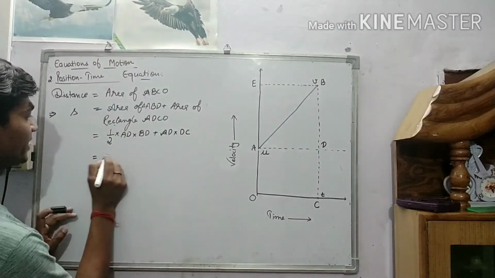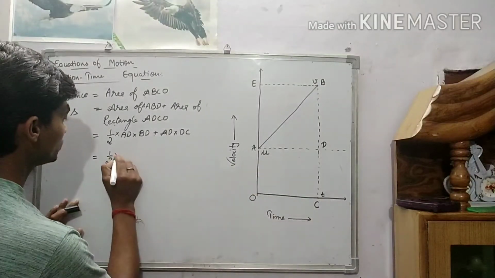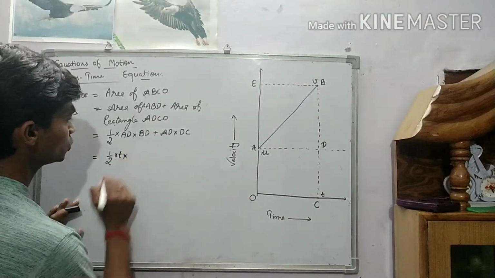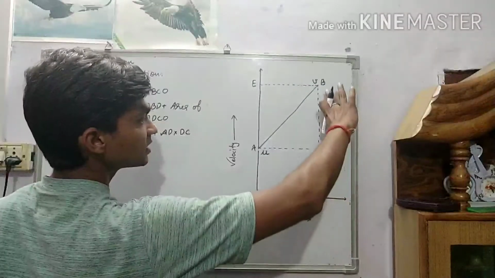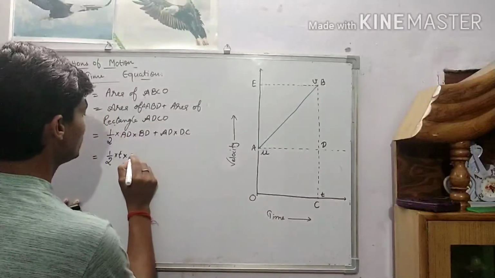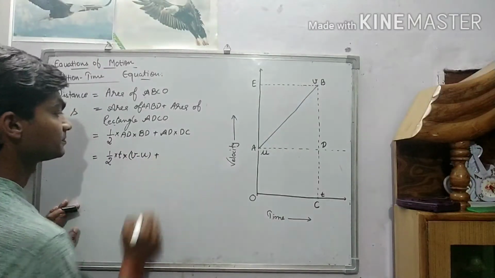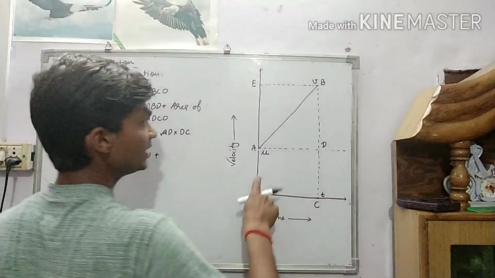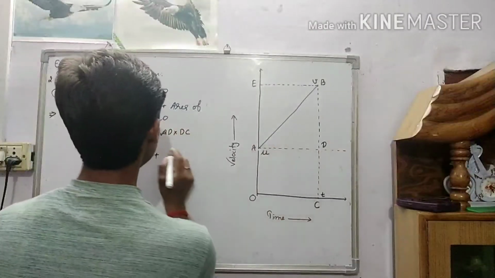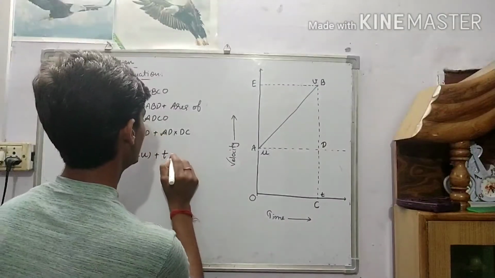Now you tell the values. 1 by 2, AD means OC, that is equal to T, into BD, which is V minus U, plus AD, again T, into DC, which is U.